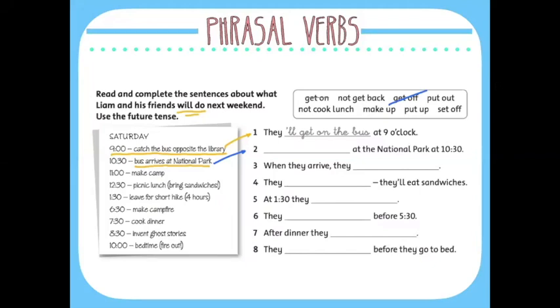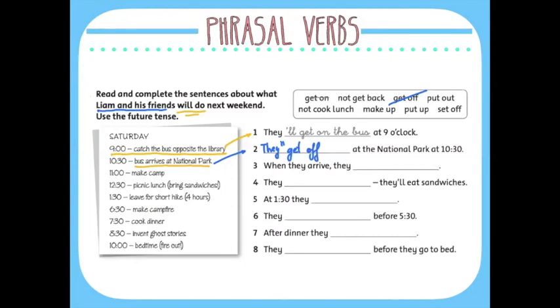No. You are not in this journey. Liam and his friends. So what is the subject? Okay. They will get off at the National Park at half 10. Very good. What happened with the next one?